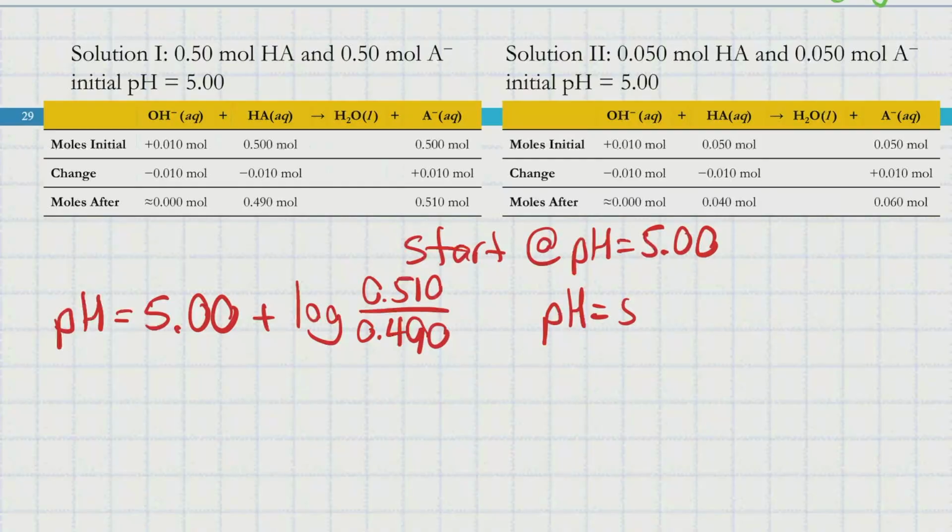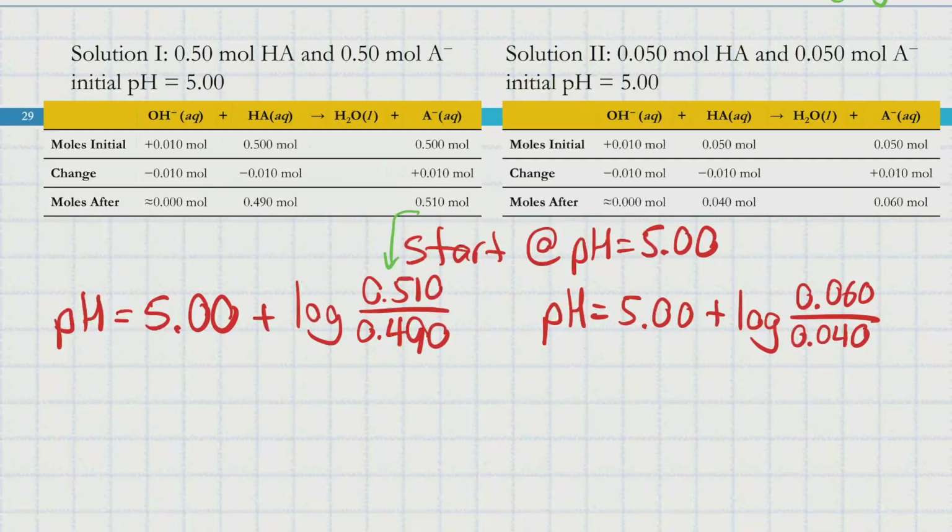And on the right, it's the same idea, just different amounts. Okay, so those are the values that we're plugging into the tables. And these are buffering out the same amount of base. So 5 plus log 0.51 over 0.49.